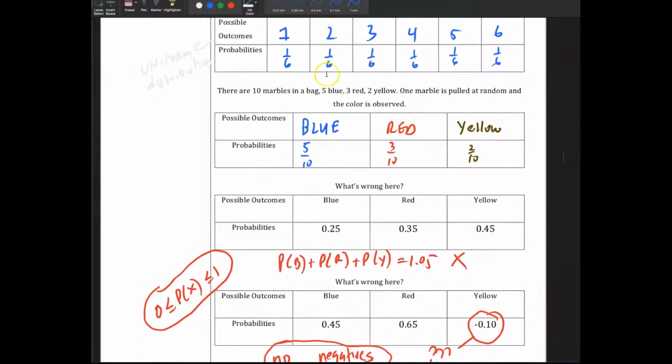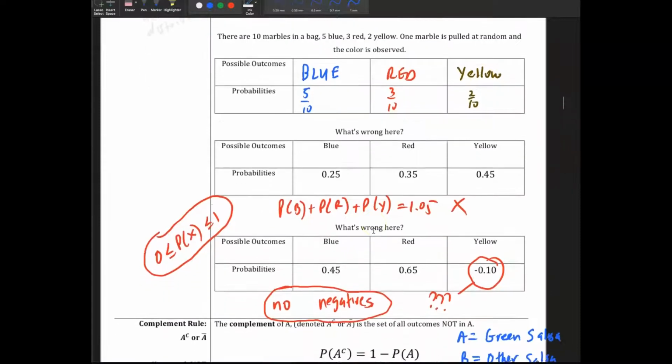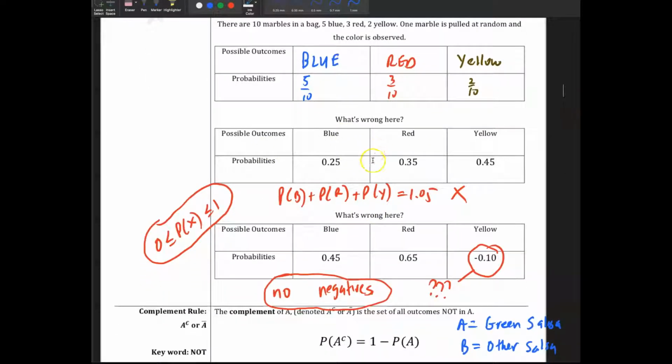Looking at these simple probability situations, simple meaning that we don't have complex events occurring: what is the probability of choosing a blue marble, red marble, yellow marble, and so forth? Here is an example of something that's not a probability distribution, because something's wrong here.